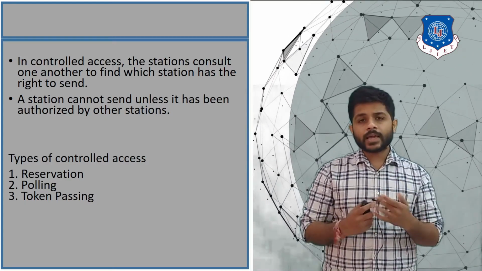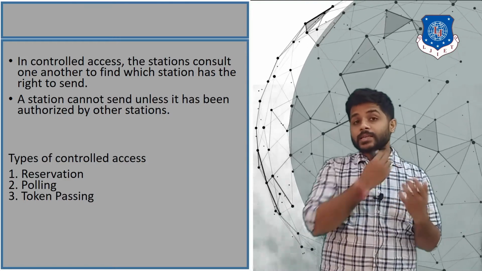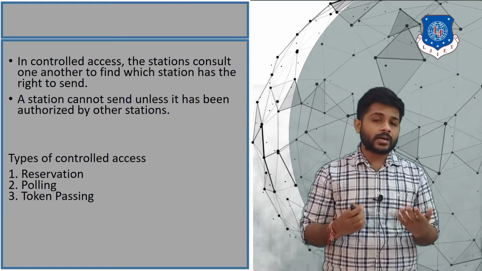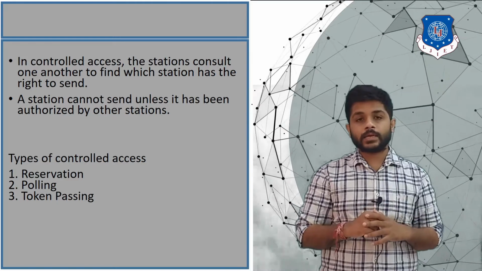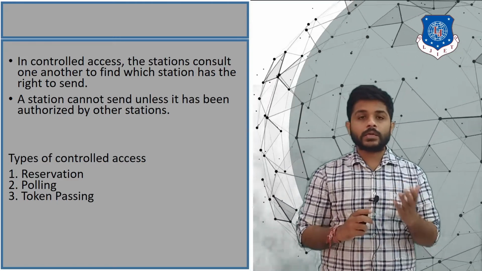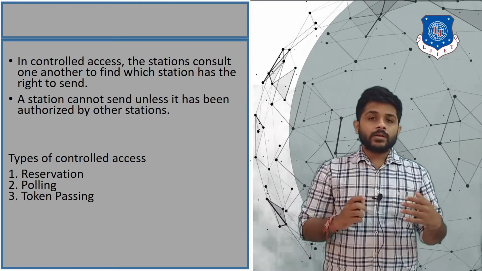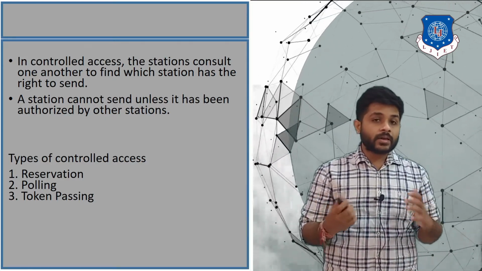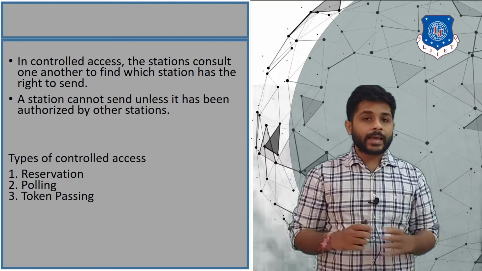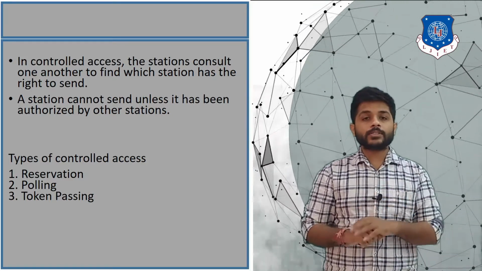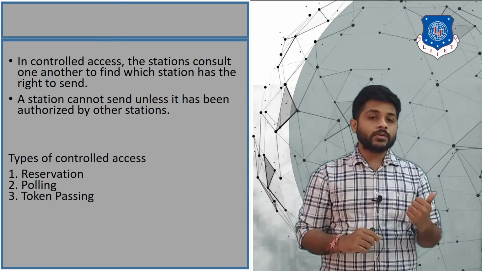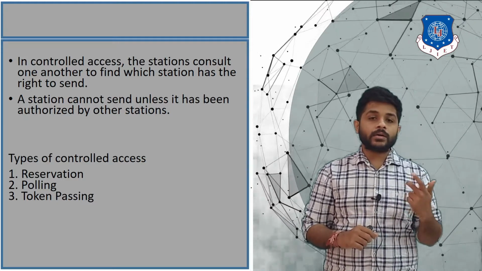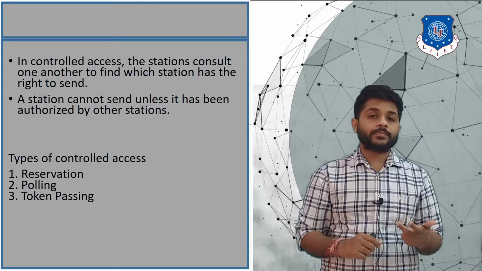If they do not have permission, they cannot send data, they can only receive data. A station cannot send data if it is not authorized by all the remaining stations. The types of control access protocol are reservation, polling, and token passing.